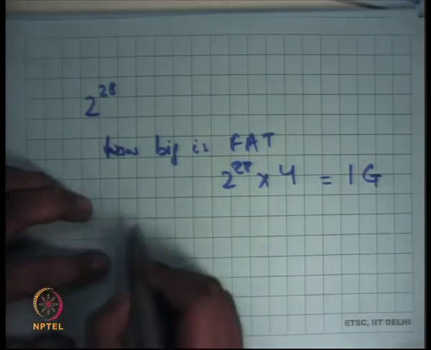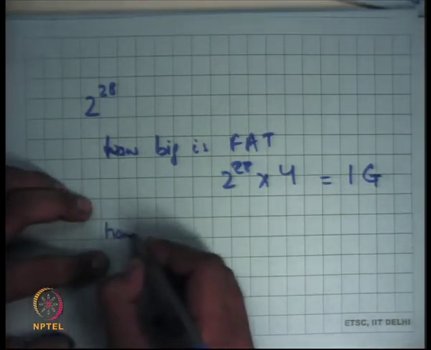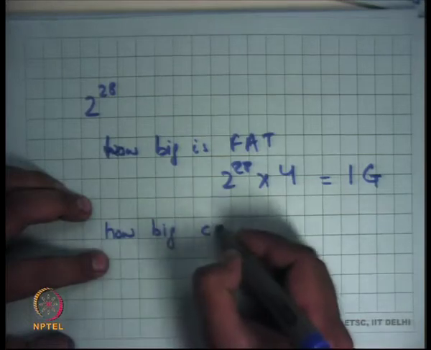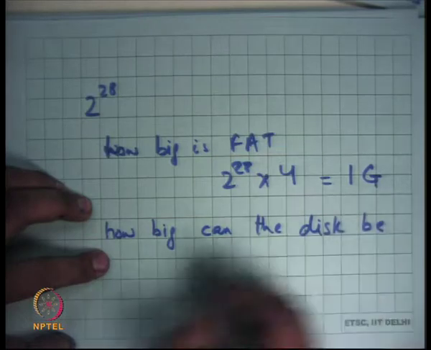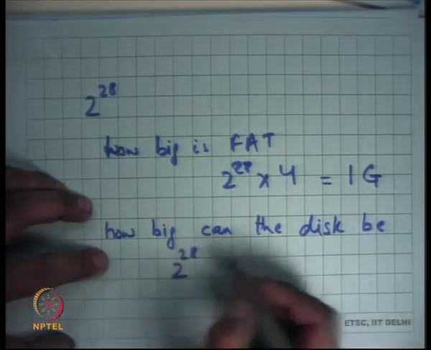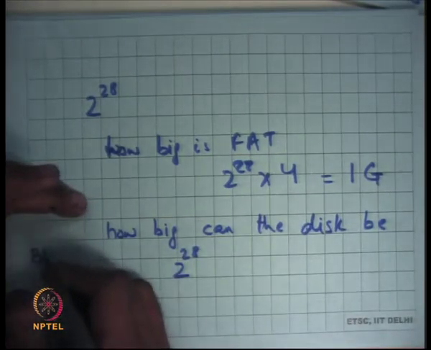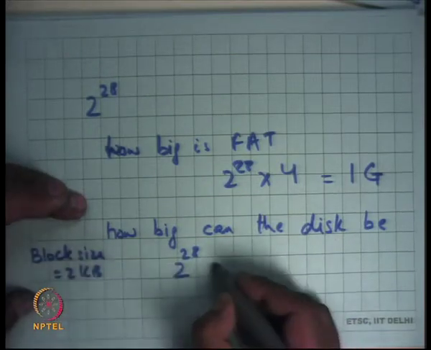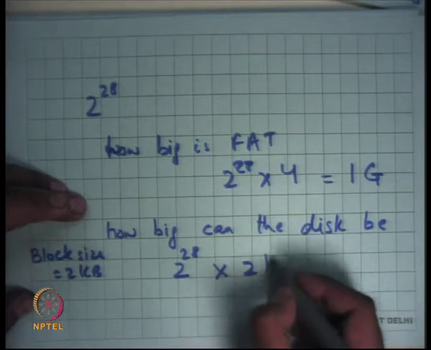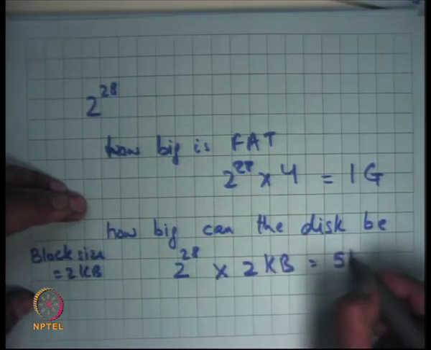And how big can the disk be? 2 to the power 28 entries, and let's say I was using a block size of 2 kilobytes. Then I have 2 to the power 28 into 2 kilobytes, which is equal to 512 gigabytes.